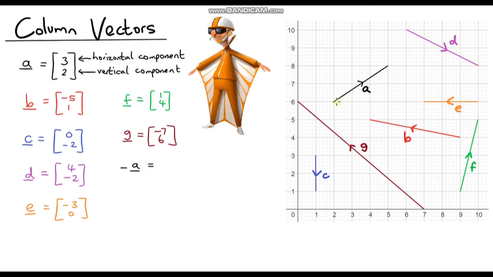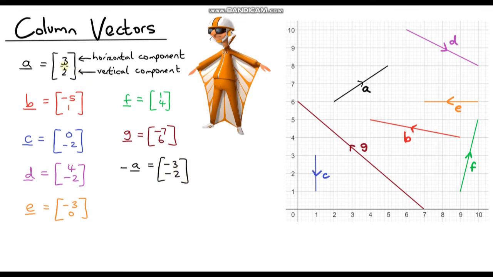So if vector A goes from here to here, -a would just go from here to here, so it would be the opposite direction. So we would just reverse the numbers. So instead of going 3 from here to here, we're going to be going -3 because we're going in this direction. So our horizontal component would be -3 and our vertical component would be -2. Okay, so that would be our answer.